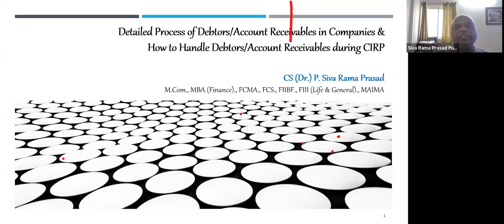Once the credit sales are there, definitely the company's sales will increase. And every organization gives credit sales, that is called debtors, if the debtors are supported by bills of exchange, account receivables, or bills receivables, etc.